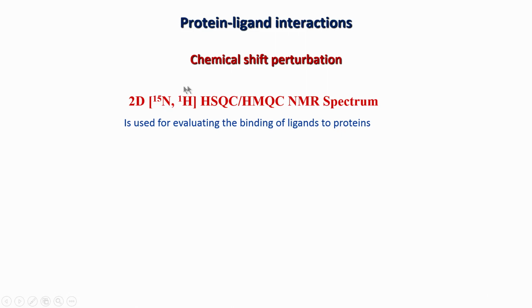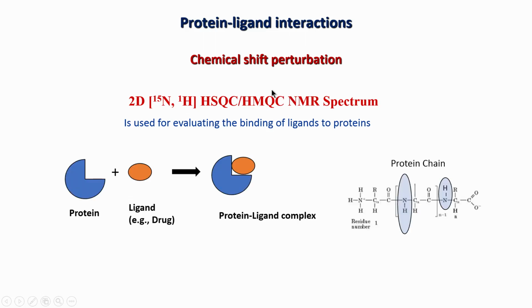For this, number one, I should label the protein with N15. Second, I should know the chemical shift of every peak in that protein. So, again this brings us back to the importance of assignment.